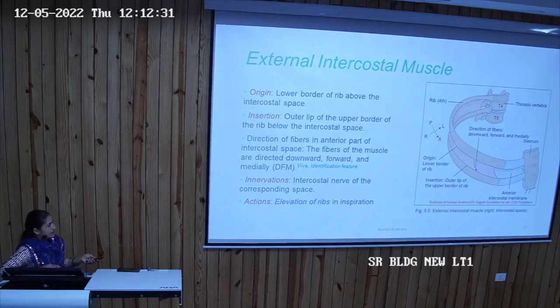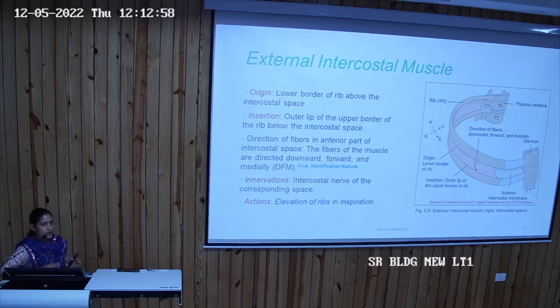Now these muscle fibers are arising from the lower border of the rib above. Suppose this is the fourth rib and this is the fifth rib. So it is arising from the lower border of the fourth rib and it is inserting onto the upper border of the fifth rib. So the origin is the lower border of the rib above the intercostal space, and the insertion is onto the outer lip of the upper border of the next rib.